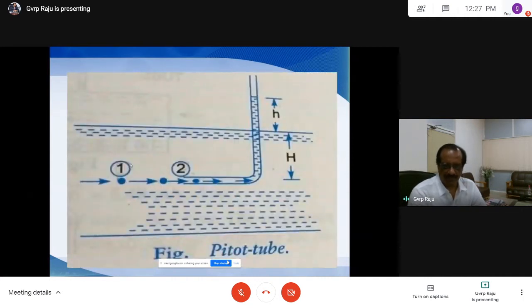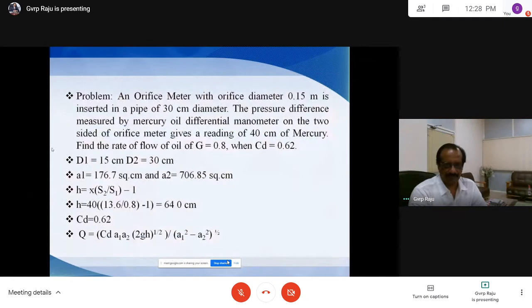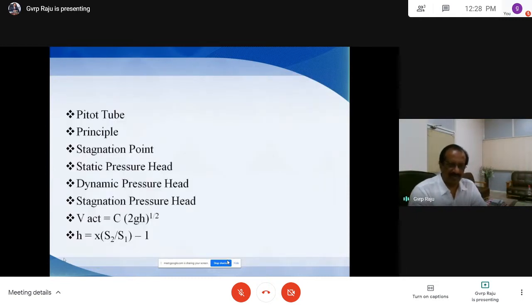You can also use a venturi meter, I mean, you can also use the pressure measuring instrument for finding out directly the value of x here. So you can find out h, which is equal to x into (S2 by S1 minus 1).